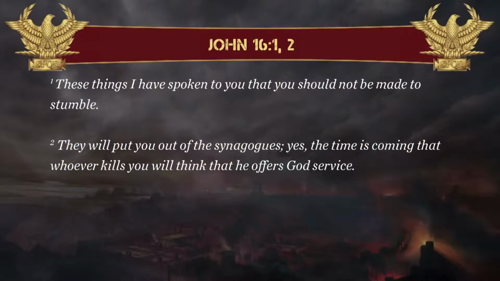John 16, verses 1 and 2. Jesus says to His disciples, "These things I have spoken to you, that you should not be made to stumble. They will put you out of the synagogues. Yes, the time is coming that whoever kills you will think that he offers God service." So here's my question.